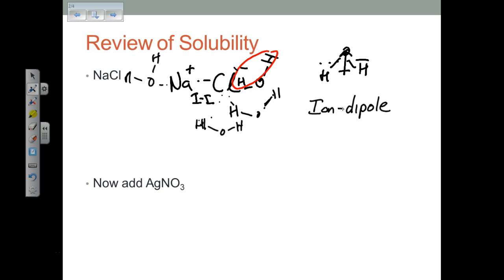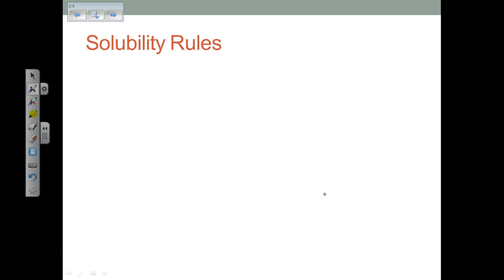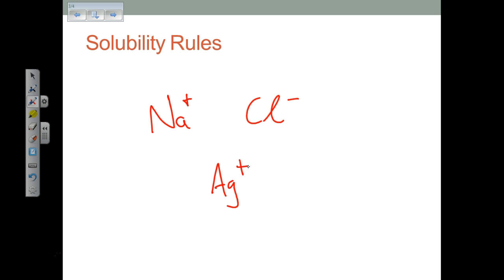Now, what happens when we add something like silver nitrate, which again is soluble? The assumption here is that we know that these two things are soluble, and we know that there's water floating around. So let's take silver, and the same thing happens with silver nitrate as happens with sodium chloride, is that it solvates.